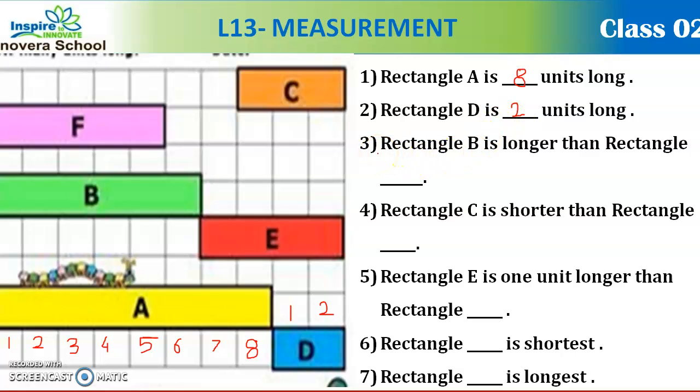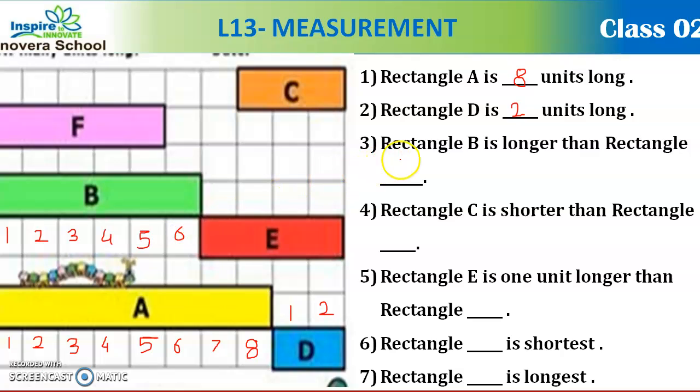Now number 3, rectangle B is longer than rectangle dash. We have to compare rectangle B. Rectangle B is in green color, light green. How many blocks are covered by rectangle B? You can count 1, 2, 3, 4, 5 and 6.